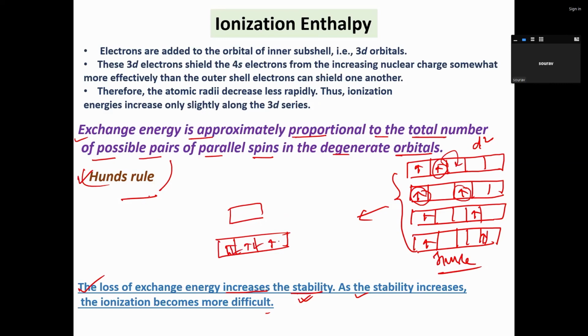So this is the constraint. With these rules, we apply the exchange energy to get the ionization enthalpy value. Here the electrons are added to the orbitals of the inner subshell, that is the 3d orbitals, which increases the nuclear charge somewhat more effectively.